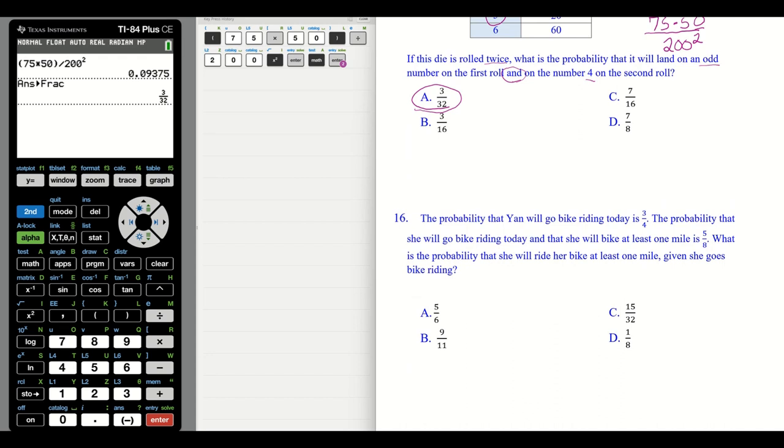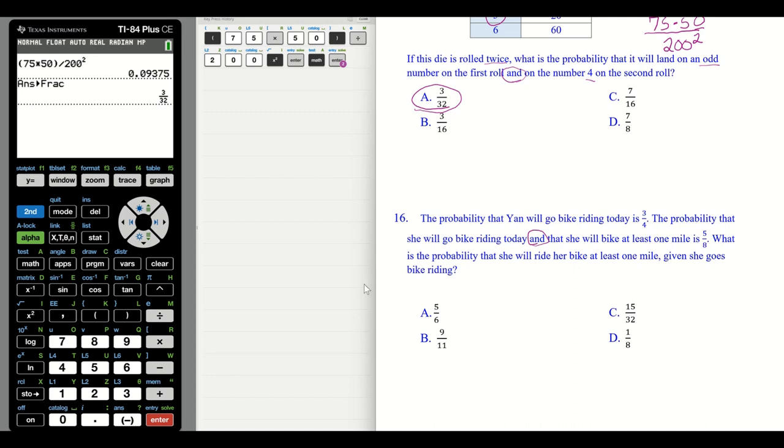And number 16. The probability that Yan will go bike riding today is 75%.